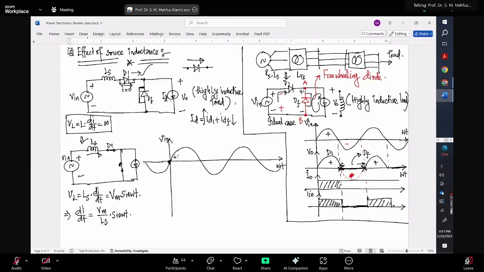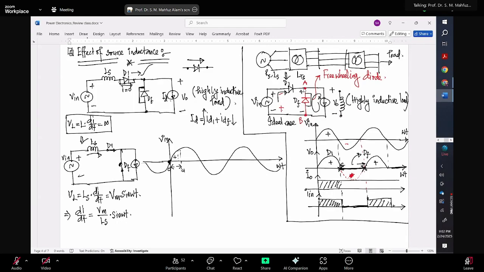Suppose it takes from 0 to some time, which we are considering as this angle U. This is the time when both diodes will be short circuited, operating to make this current transfer from the freewheeling diode to diode D1.